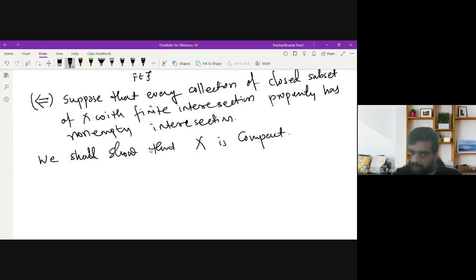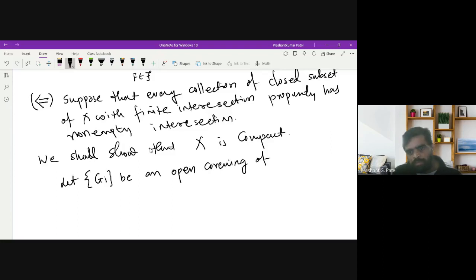So I will start with one open covering of X. So let Gi be an open covering of X. Therefore what we can have is X is a subset of the union of Gi.